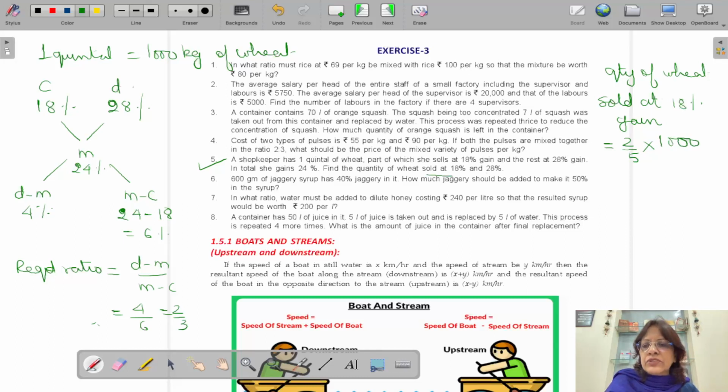Why 2 are we taking? Because the ratio of cheaper upon dearer is 2 upon 3. So 2 by 5 into 1000, so 400 kg has been sold. The first answer.